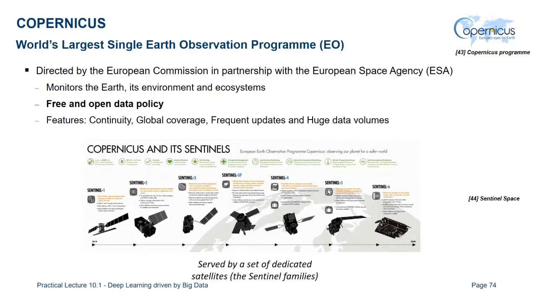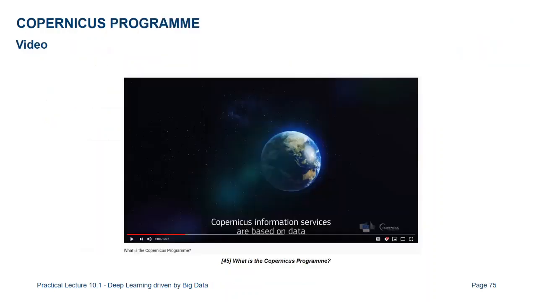You can already evaluate for yourself how much data we could collect with this family of satellites. And here I also included a video, if you're interested, that explains a bit more about the Copernicus program.